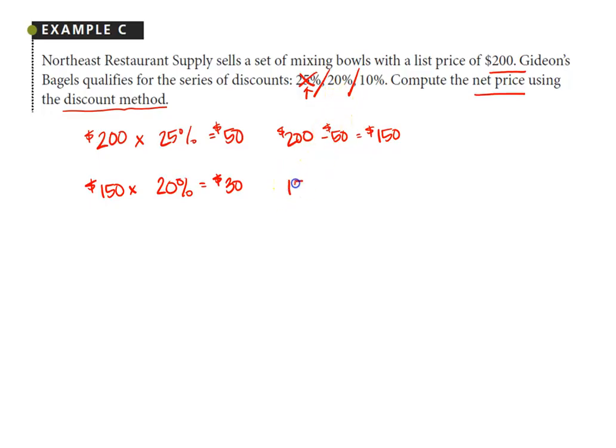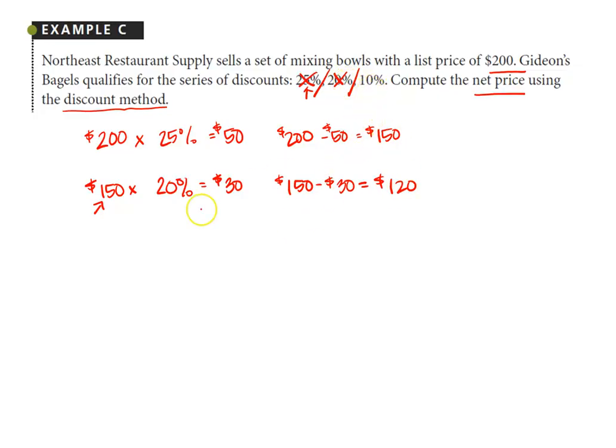So that means I'm going to take this net price, and then I'm going to subtract that 20% discount amount, which was $30, and this gives me an adjusted net price of $120.